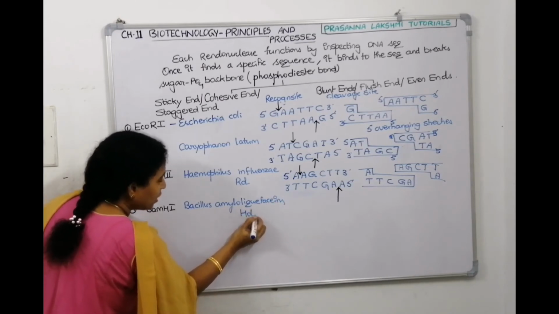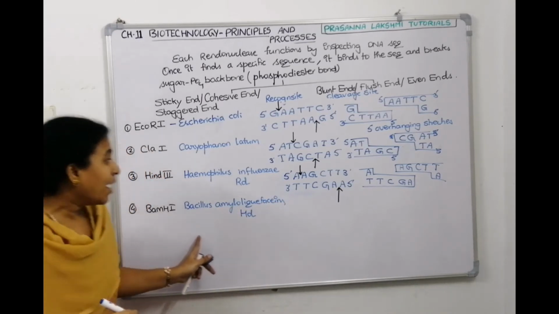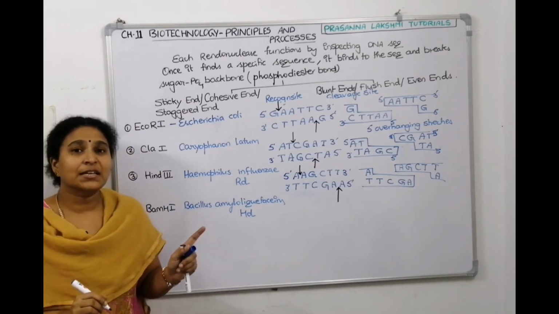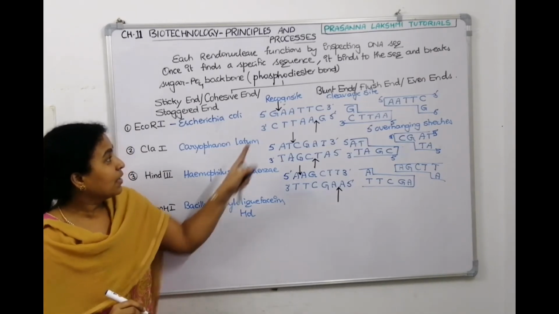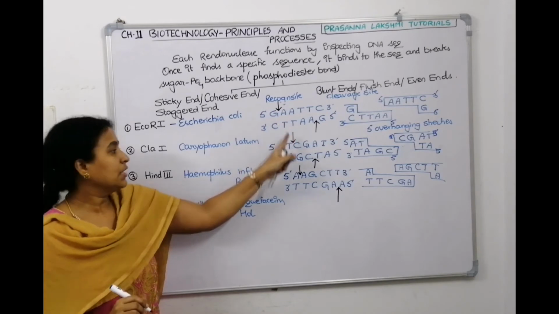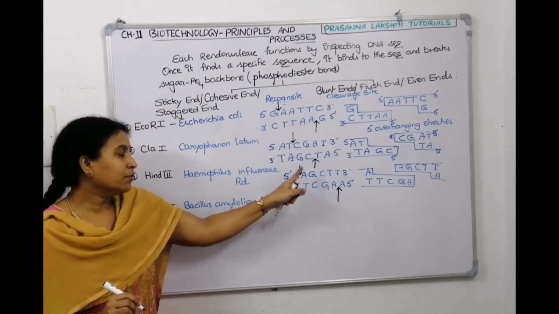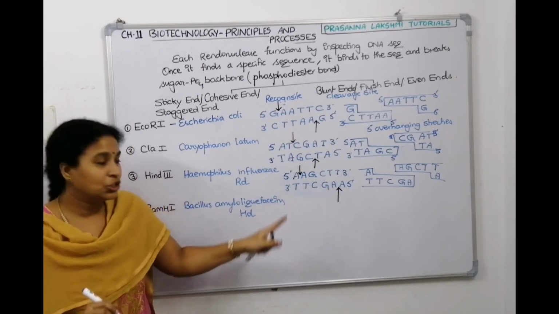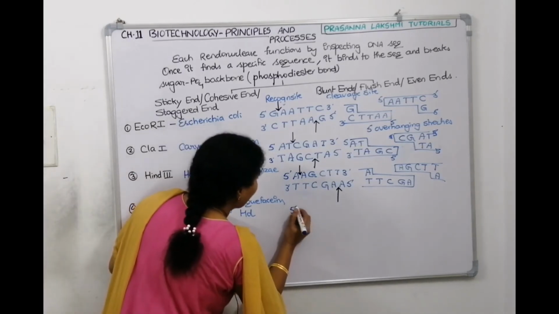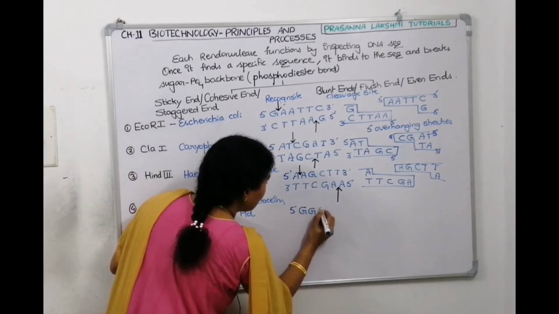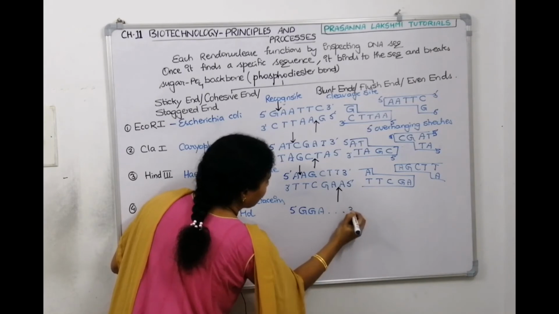It is H strain. And the BamHI recognition sequence is GGA. Two times G now. So here you gave 2 times A, now give 2 times G. It becomes GGA. So it will be 5 prime GGA. We will do that. Okay.